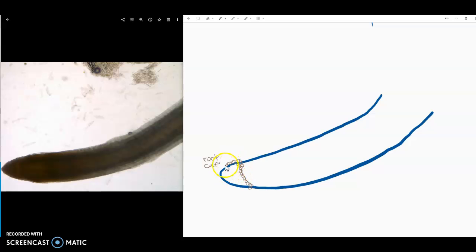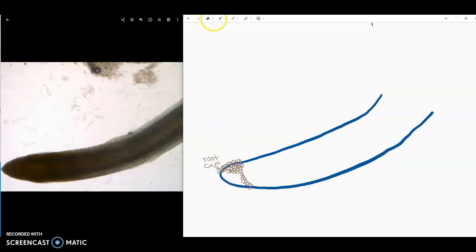It is a loose arrangement of cells. It also secretes a mucilage. I think about an earthworm and how it's kind of slimy, and that really helps it to move through the soil. So the root cap there is on the very tip of your root.